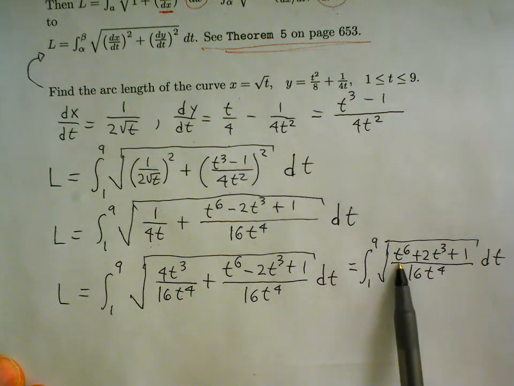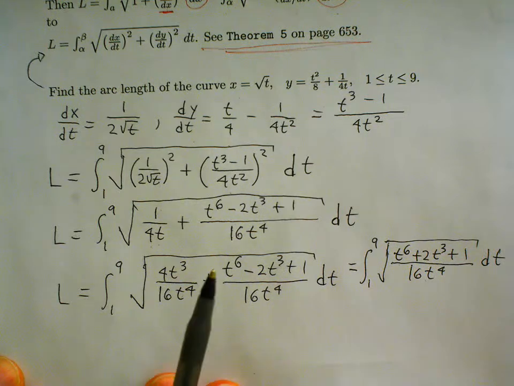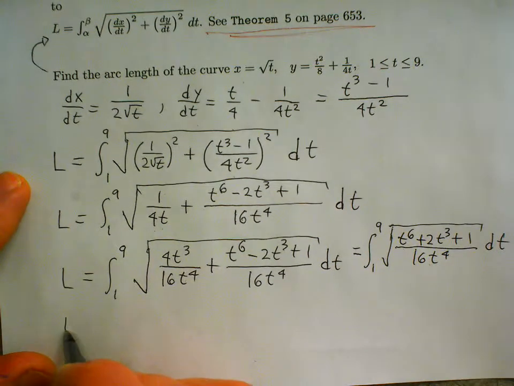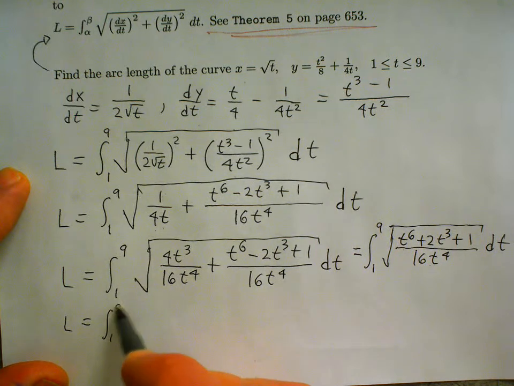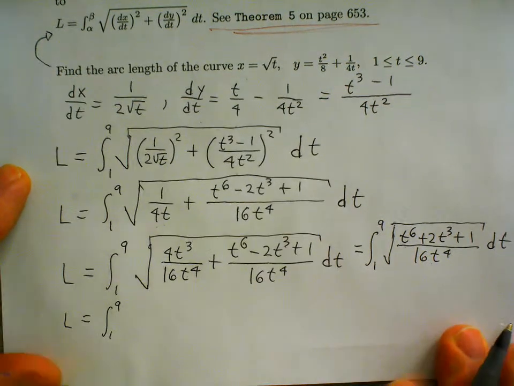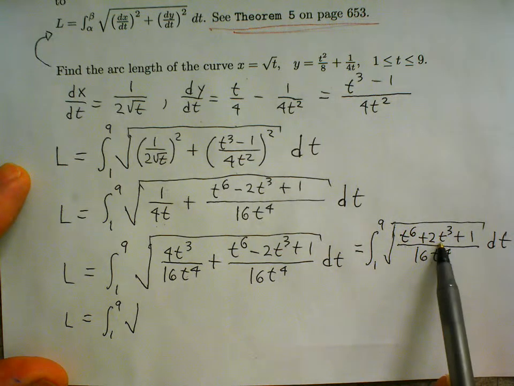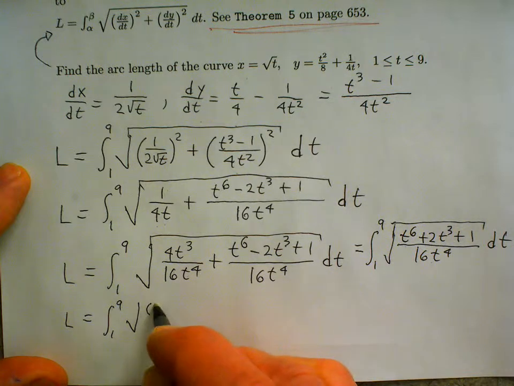And inside the square root, both the numerator and denominator are perfect squares. And when we take the square root of a perfect square, I'll go ahead and write it in. So the numerator, t to the sixth plus 2t to the third plus 1, that's the same as squaring t to the third plus 1.